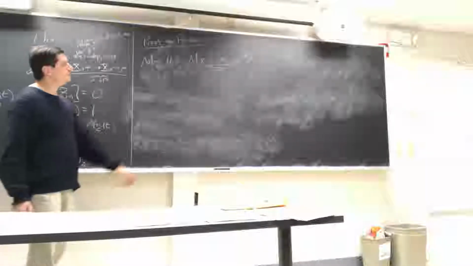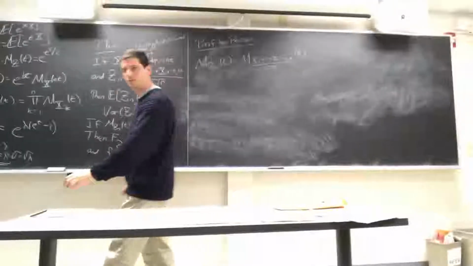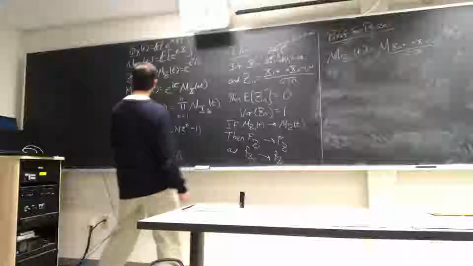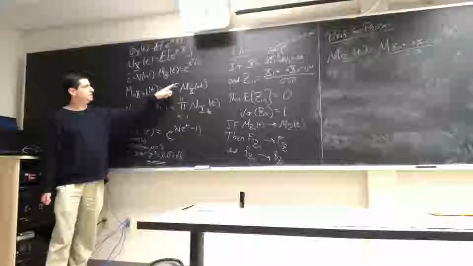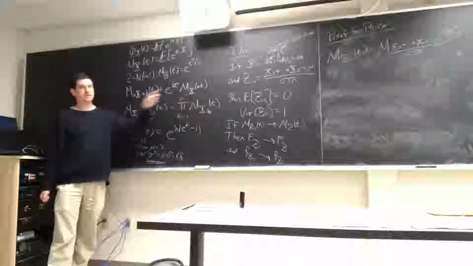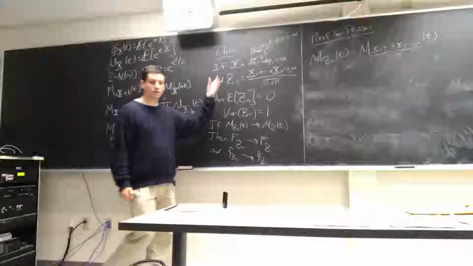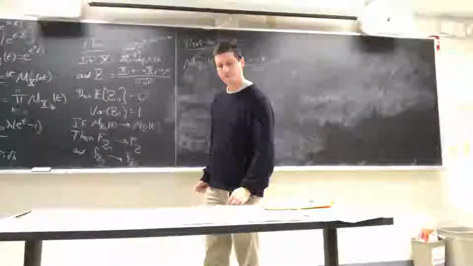All right, so the first thing is let's look at all the different wonderful properties we have. What wonderful properties do we have? We have the moment generating function of aX plus b is e to the bt times the moment generating function of X at at. So we can use that to slowly expand things out.